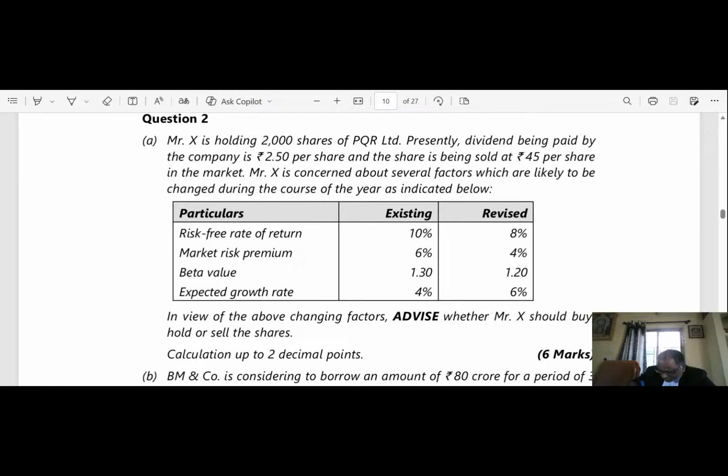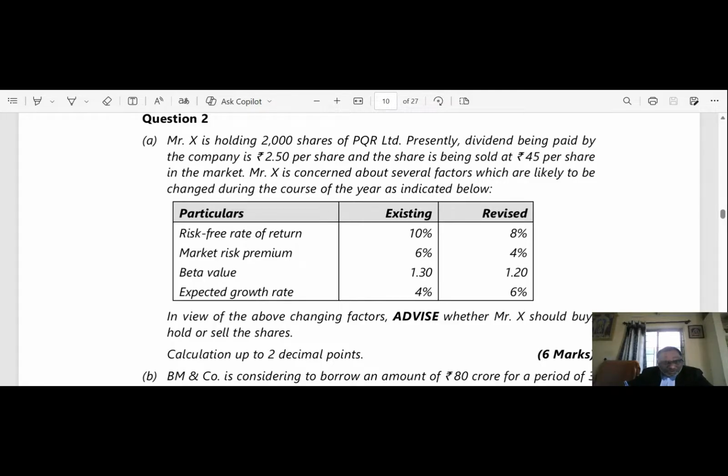What is given? RF existing is 10 percentage, revised is 8 percentage. Beta is 1.30, revised 1.20.